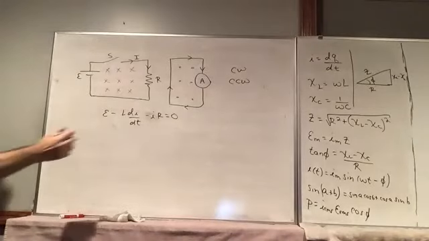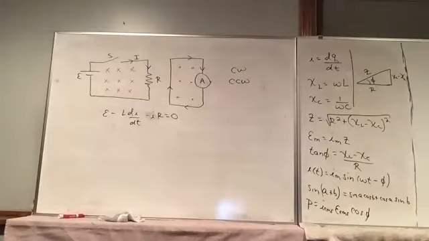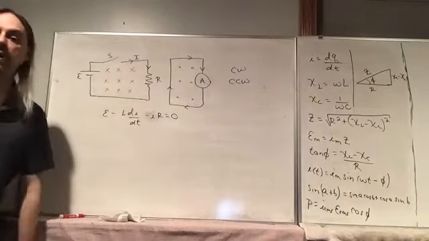And this current created would then influence this one because that would create its own magnetic field, which would affect the flux over here. But again, these effects are usually fairly small. We probably just ignore that. But these two circuits, even though they're not physically connected, they do interact with each other.